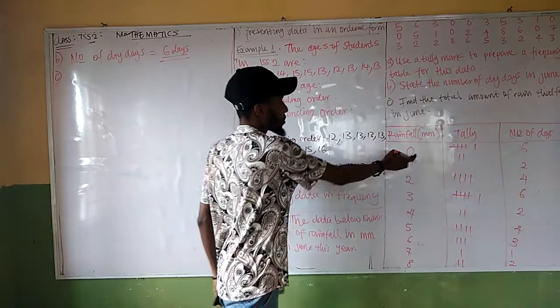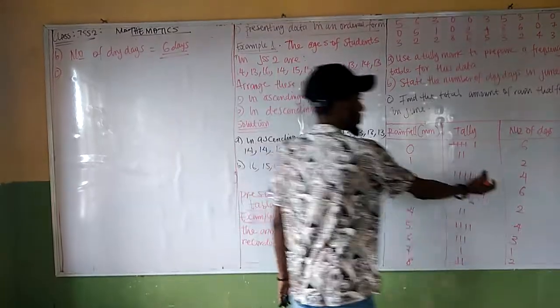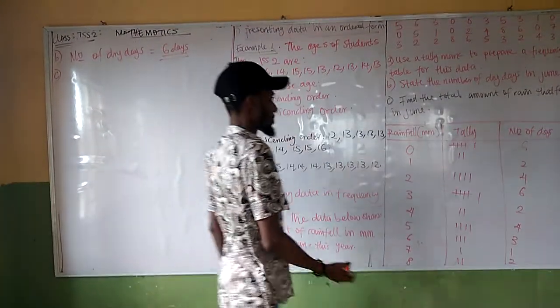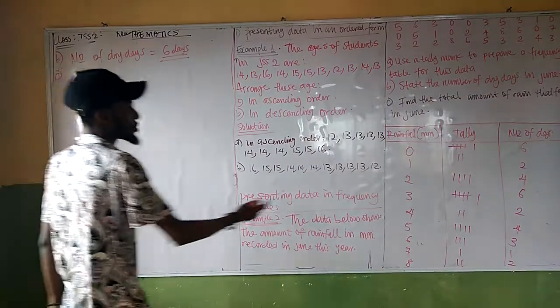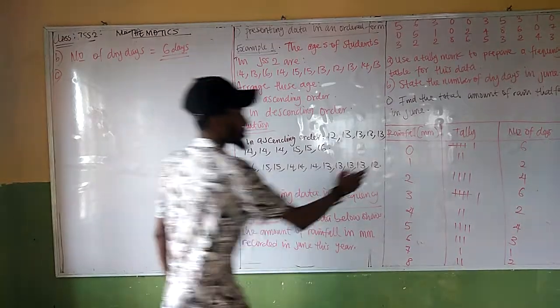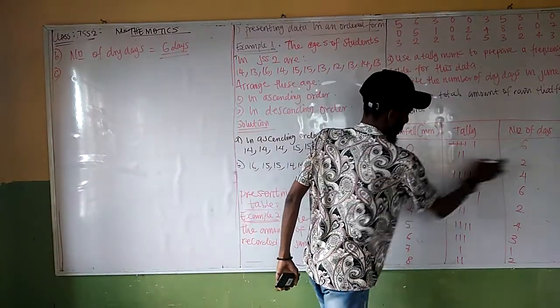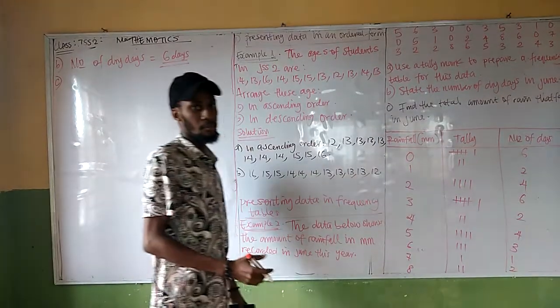For example, in the case of 0, you know you don't have rainfall there, and it appears 6 times. So for us to get our total amount of rainfall, all you have to do is use what we call summation fx: multiply this by this, this by this, and at the end add them together.